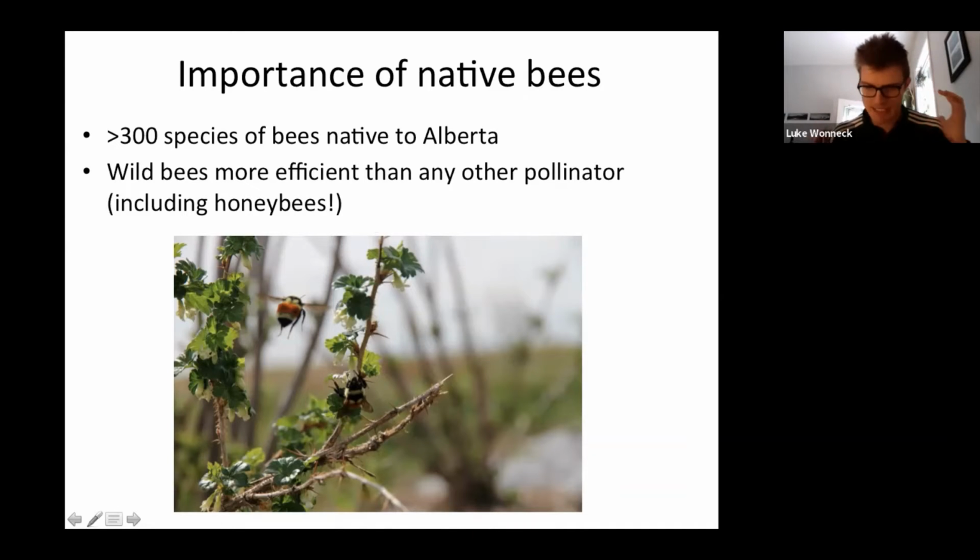They can withstand Alberta's crazy early falls and late springs, and they can pollinate in colder conditions and in wetter conditions than honeybees. So they're really important, but they're often overlooked because everybody pays attention to honeybees.